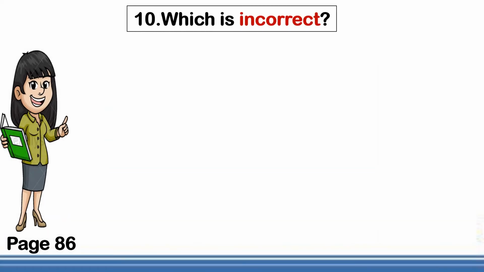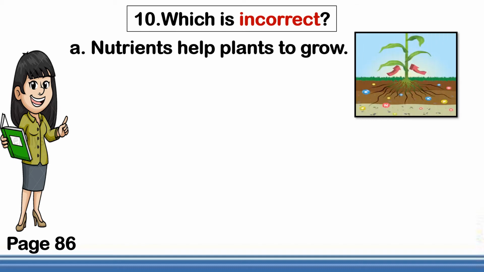Number 10. Which is incorrect or not correct? Letter A. Nutrients help plants to grow.